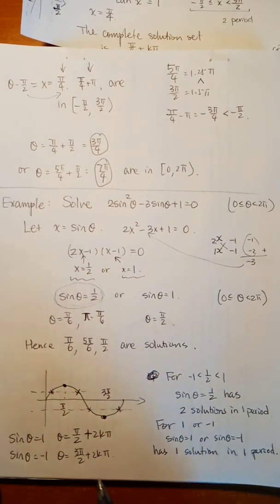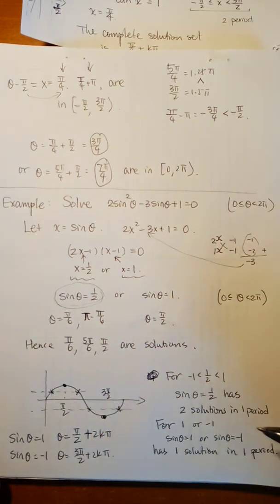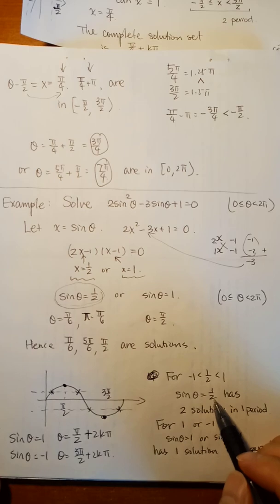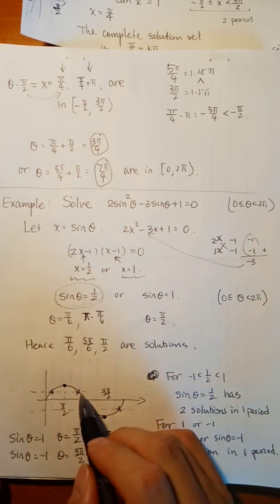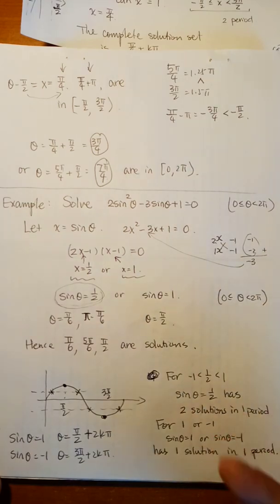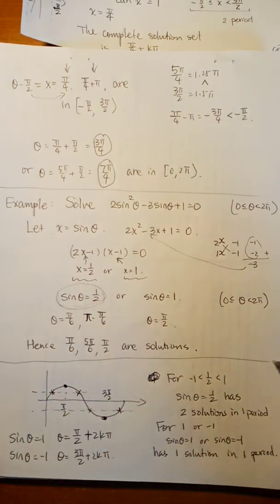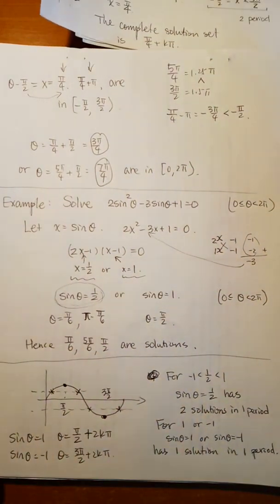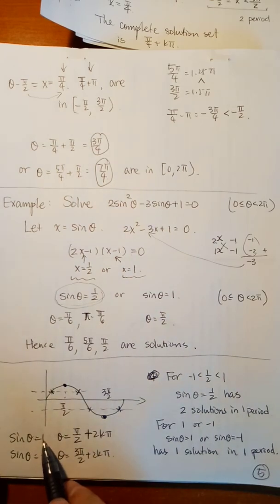These two are special. They represent those two extreme cases. If you have 1/2, you will have pi over 6, 5 pi over 6, and then for those two different solutions, you add 2k pi. Okay, so I want to emphasize there is a small difference between -1, +1, and other numbers.